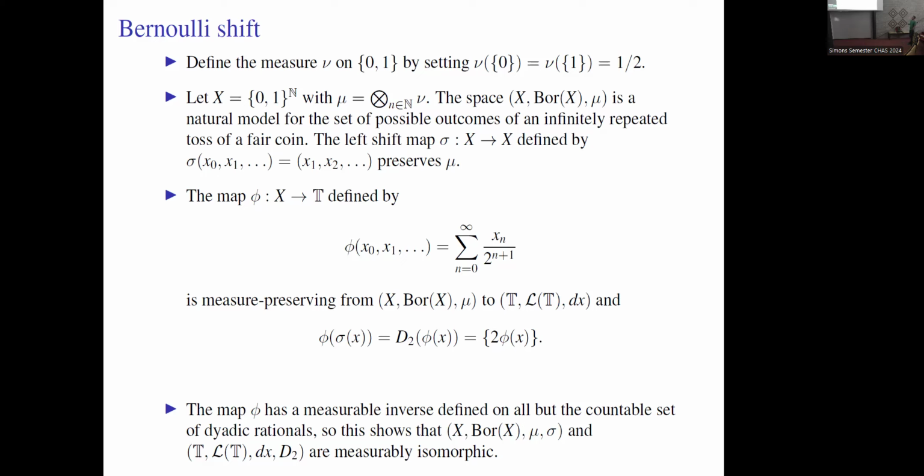What's important, which at first glance is not obvious, but if we think a little bit, is that if we consider the Cantor function, which maps the Cantor set to the unit interval, identifying the torus with the unit interval, then it has this nice property: phi of sigma, where sigma is the shift, equals the application of the circle doubling map to phi, and we obtain this. Therefore, we see that these two systems are isomorphic.